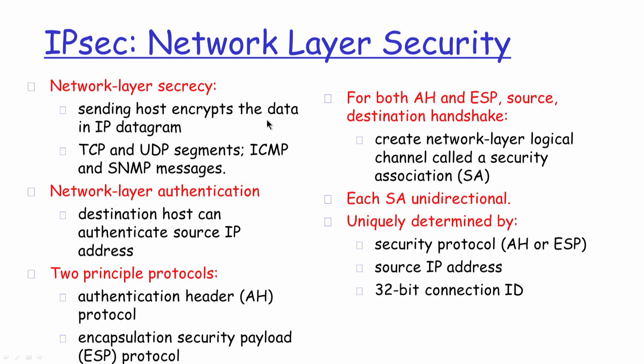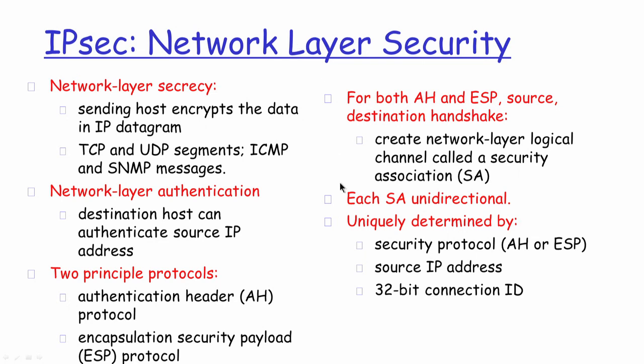There is something called the authentication header protocol and the encapsulation security payload protocol, which help me have all the network security services I would typically require, from authentication to confidentiality to message data integrity, all available as part of these two protocols.